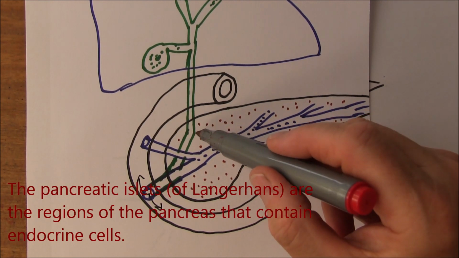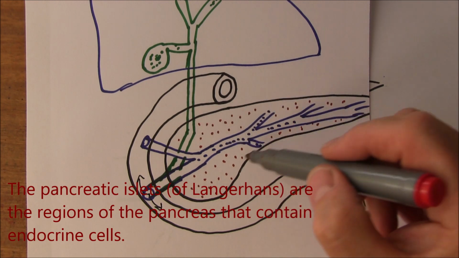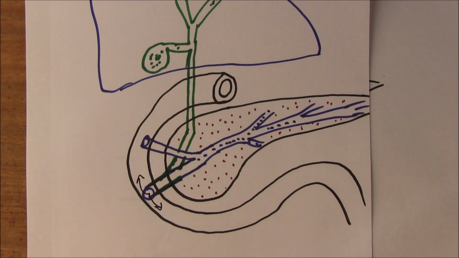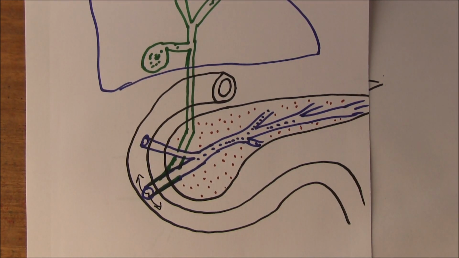And the alpha cells in the pancreatic islets of Langerhans produce glucagon. The beta cells produce the insulin. But today we're thinking about the exocrine, acinar products of the pancreas.